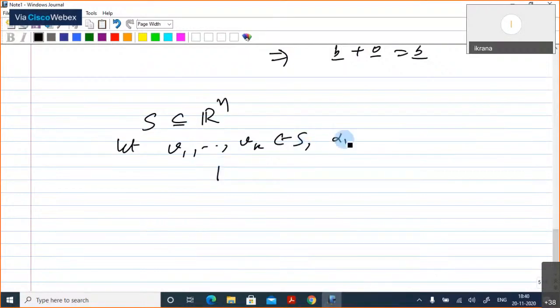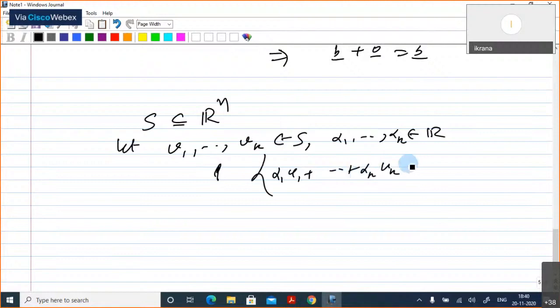For scalars alpha 1, alpha k belonging to R, you can have a linear combination alpha 1 v1 plus alpha k vk, where v1, v2, vk belong to S and k is bigger than or equal to 1. You can take any finite number of them, and alpha 1, alpha k belonging to R.